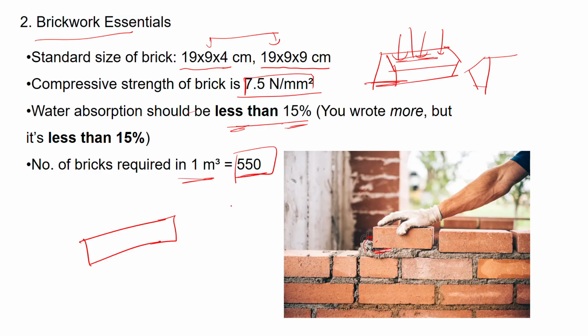When it comes to brick, we consider this to be the length, this to be the height, and the width to be this one. So we omit this area. Normally it is like L into B.